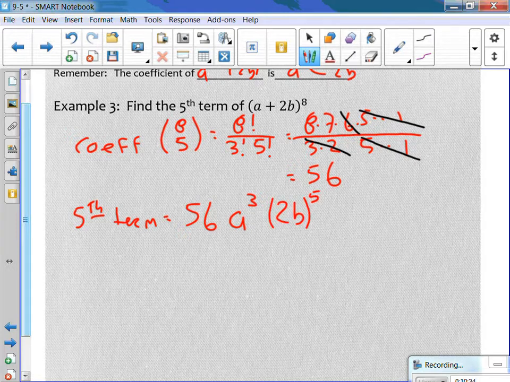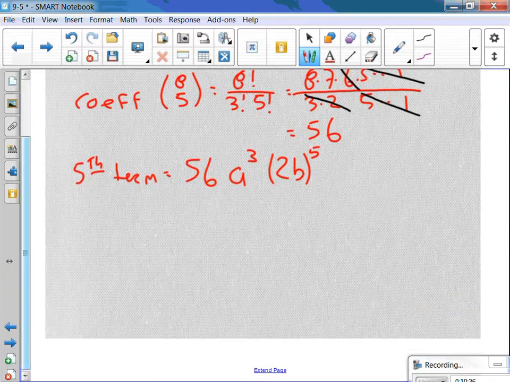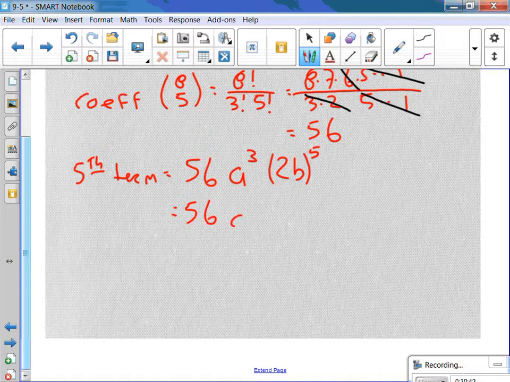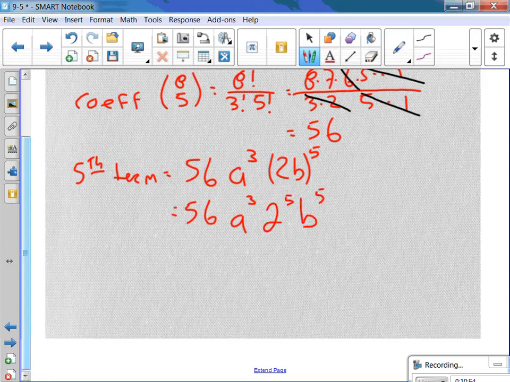But we don't leave it like this, right? We have to simplify. So a to the third power, and that 2b to the fifth, my 2 is also raised to the fifth power. 2 to the fifth is just 32.